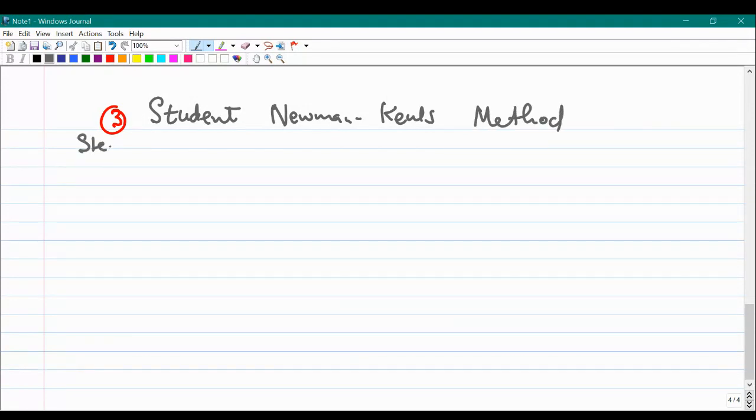Step 1 is the same. You arrange the means.